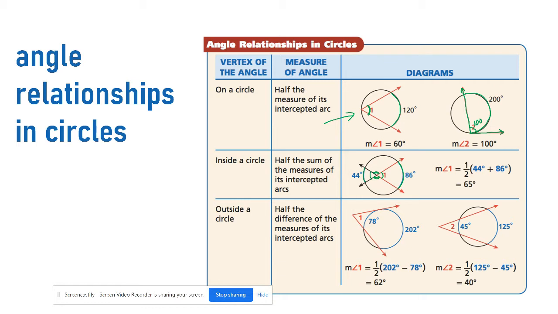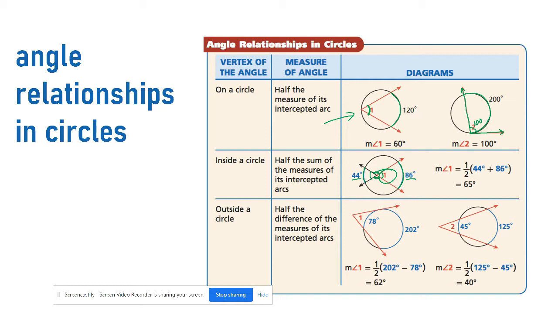And if you look at the formula here, it says to find the measure of this angle in the middle right here, we do 1/2 times the total of the 2 arcs. So in other words, you're taking an average of the arcs. You're adding them together and dividing by 2, and that'll tell you the angle in the middle.